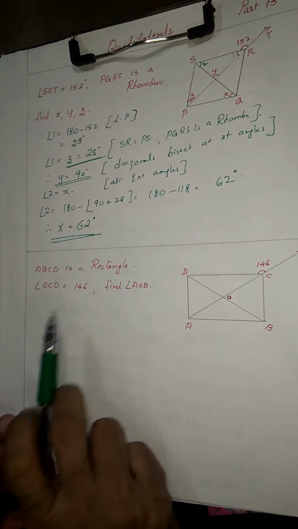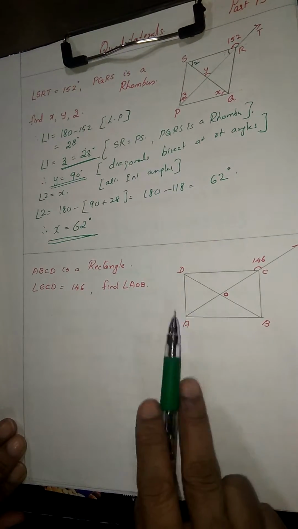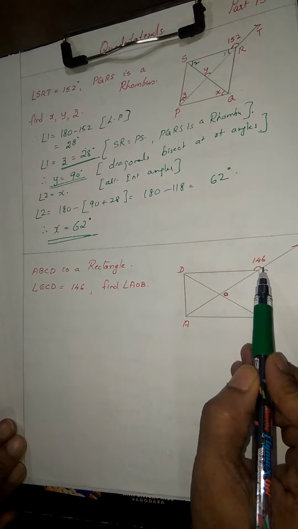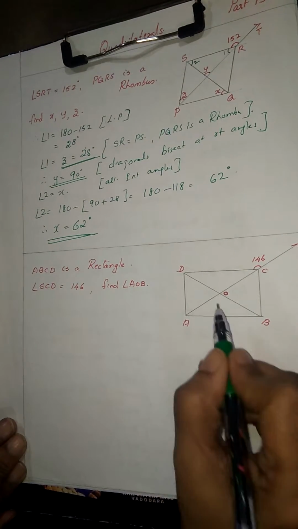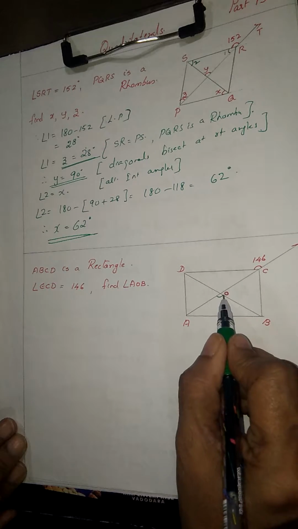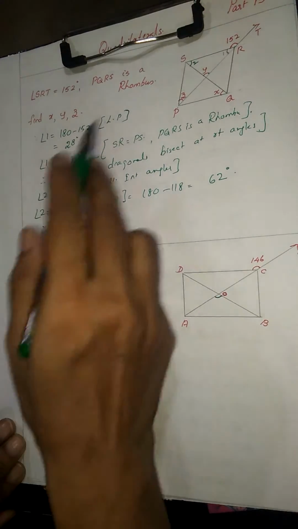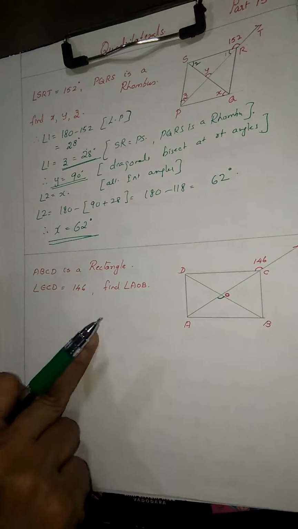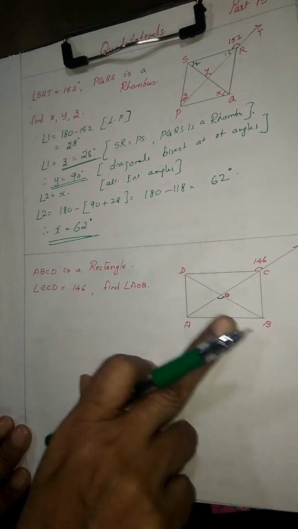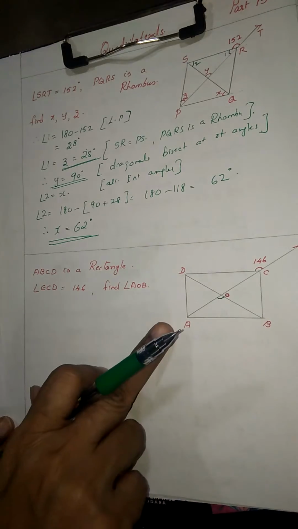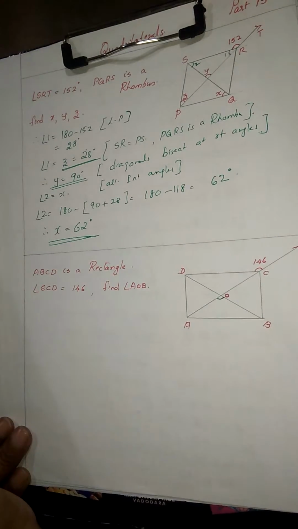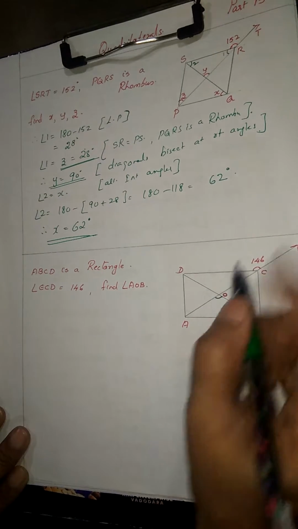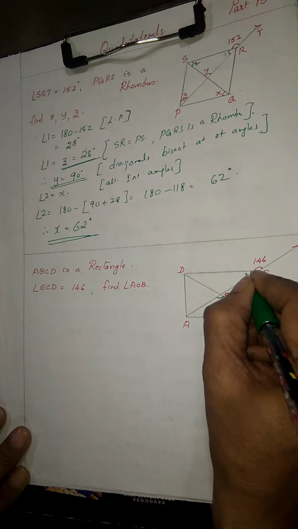In this figure, ABCD is a rectangle and angle ECD is 146. Now we have to find the value of angle AOB. Here we are using the properties of the rectangle, that is the diagonals are equal and they bisect each other. So let's name this as angle 1.